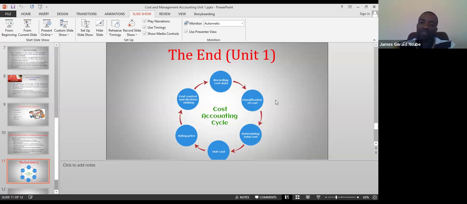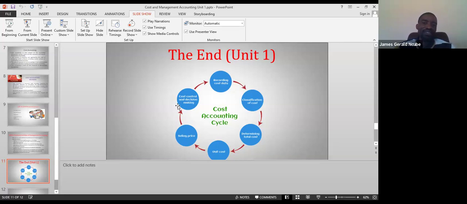Having determined the total cost, then we come now to unit cost. Because without the unit cost, it's very difficult to ascertain the selling price. If we determine the unit cost, then we can be in a position to determine the selling price. Once the selling price has been recognized, what do we do next? We control our cost.